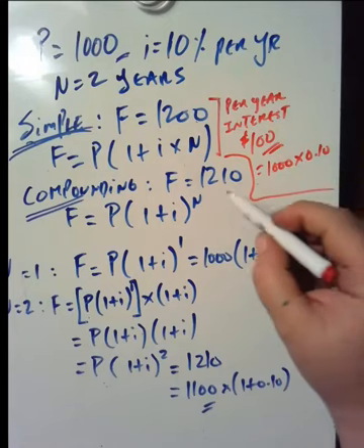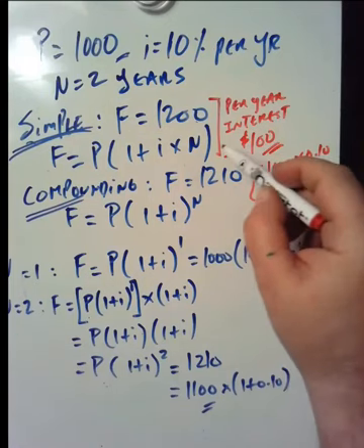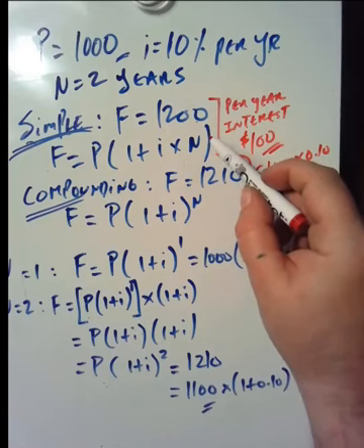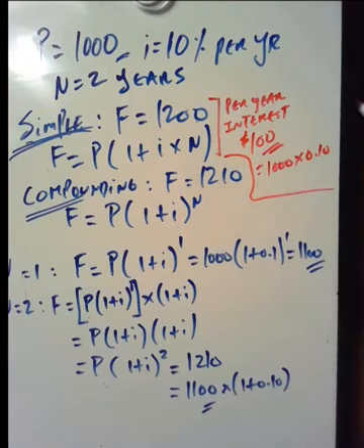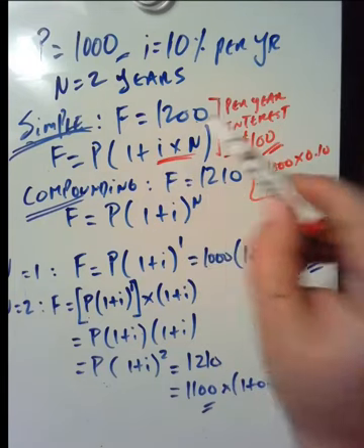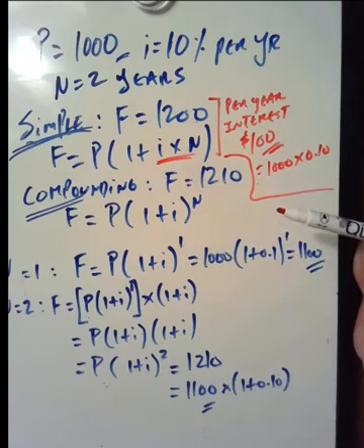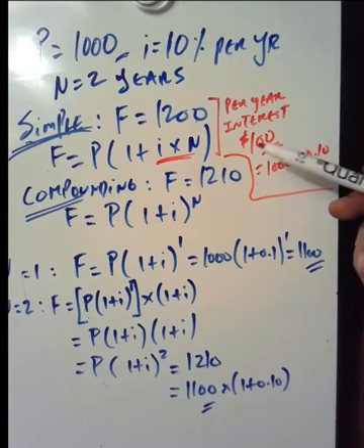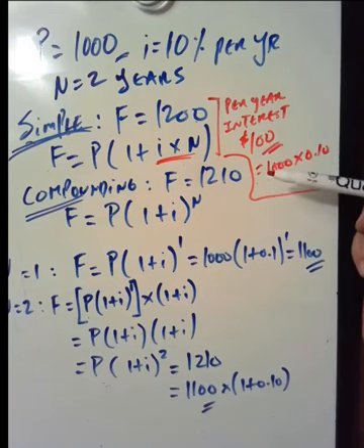So if n was equal to 3 in the simple interest method, you'll get 1,300. If n was equal to 4, you'll get 1,400, because it accrues in a linear fashion. The increments are always of the same amount.